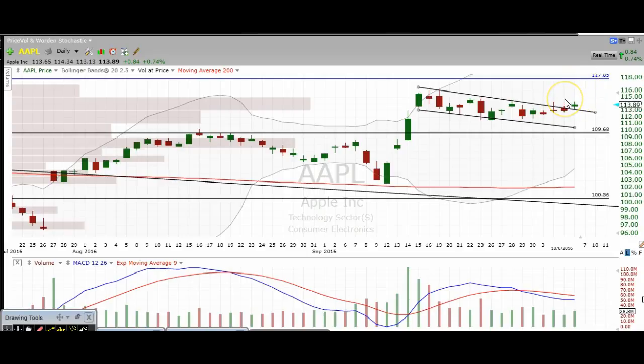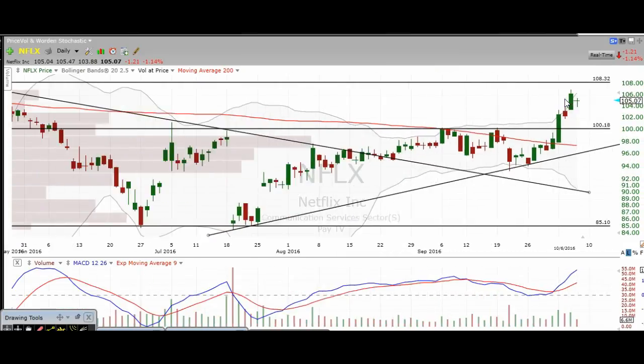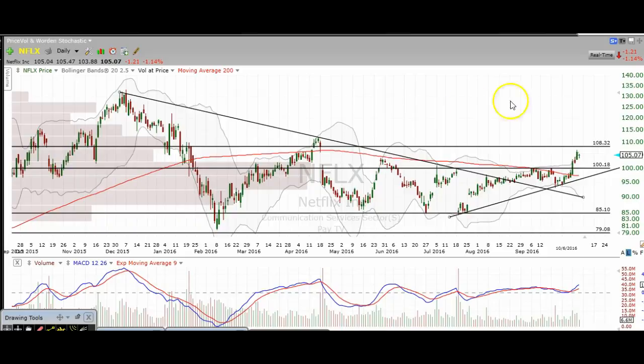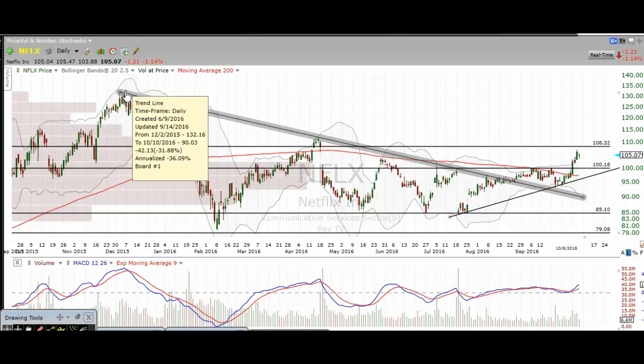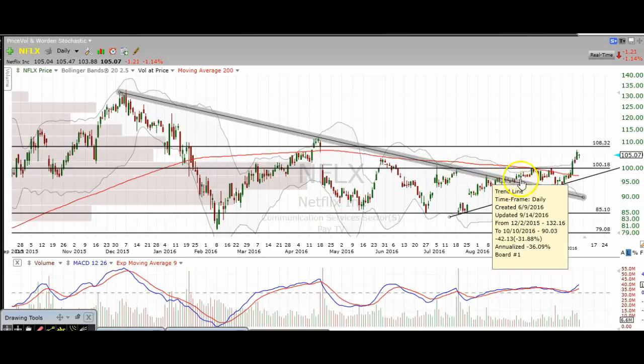The next chart that I want to look at is Netflix, and Netflix, very bullish chart here as well. Similar look to Apple in that we had a downtrend line here that began in 2015. There's a touch, there's a touch, and we finally broke over it right here.